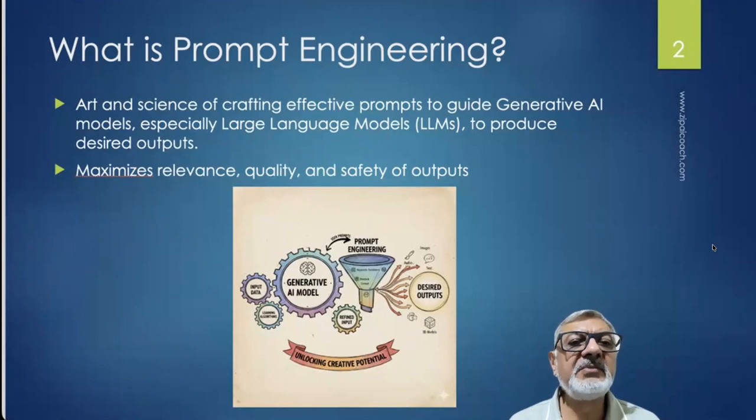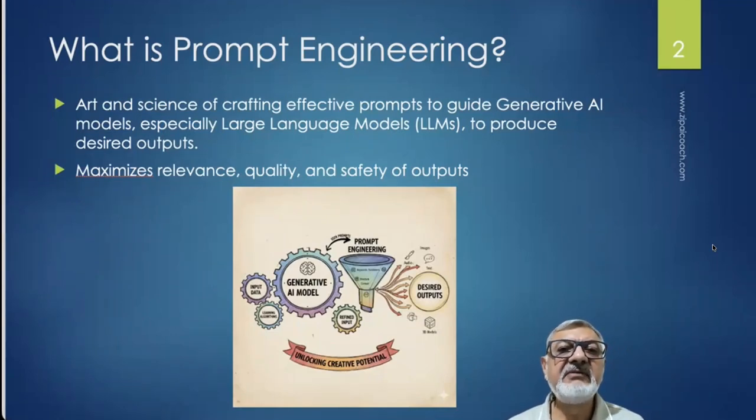So what is prompt engineering? As we see, prompt engineering is the art of crafting an effective prompt to guide generative AI models, especially the large language models, to produce the desired outputs. Any LLM which has been pre-trained on large amounts of data uses statistical methods to store that data.